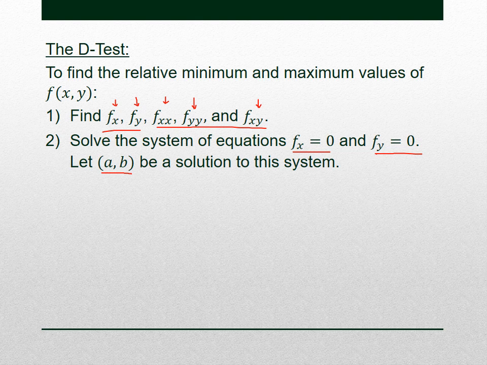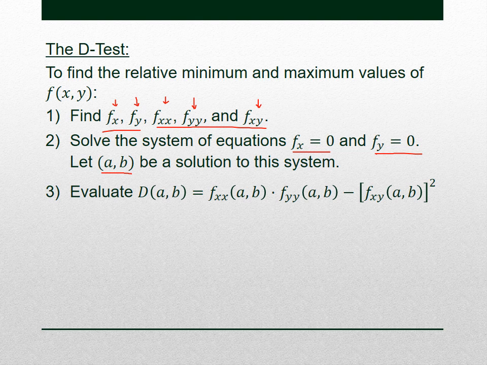Once you have that critical value, you're going to plug it into, this is where this thing gets its name, this D function. So you plug it in here, and again, I will give this to you. What you do is plug it into that second partial derivative fxx, which we found in step 1. Multiply that by fyy, where you plug in your point. And then you subtract fxy, plug in (a, b), squared.